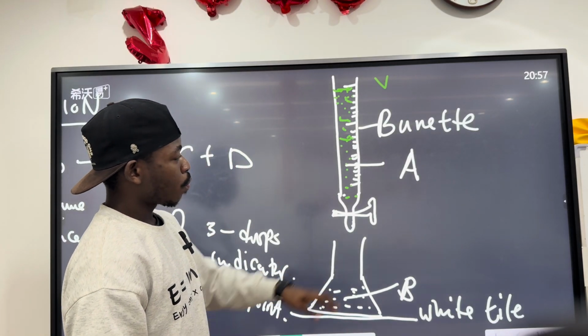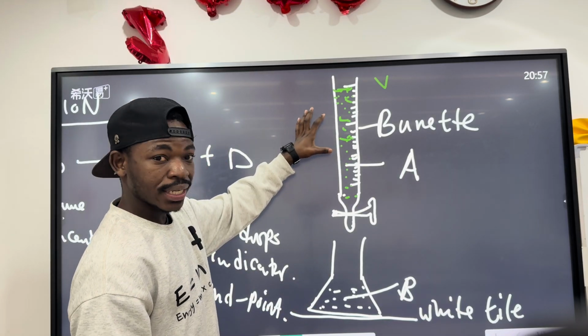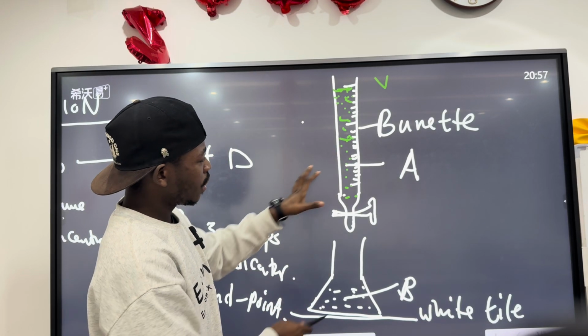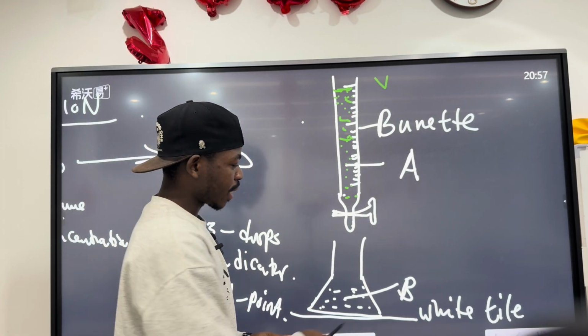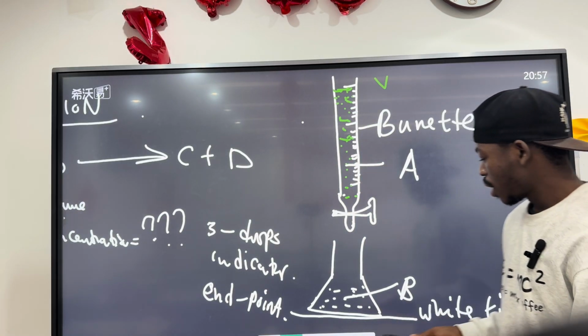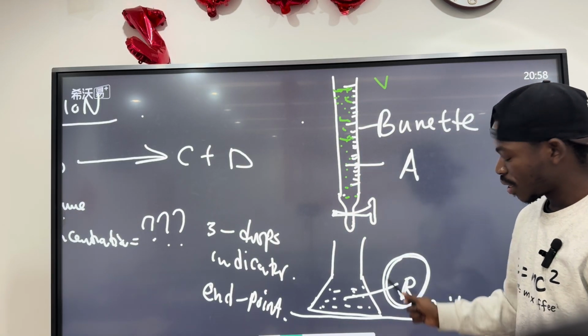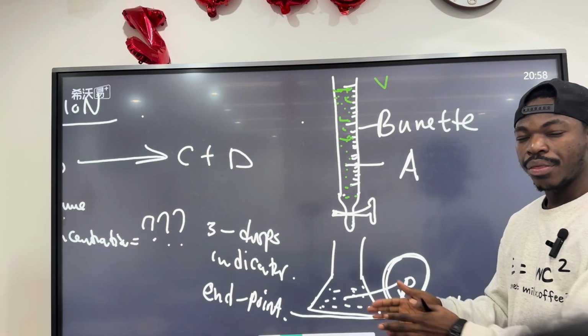So once the reaction comes to a stop, I'll be able to know what volume had reacted there. Then if I already know the concentration here, I can now carry out calculations and determine the concentration of B, based on their mole ratios and how the reaction balances.